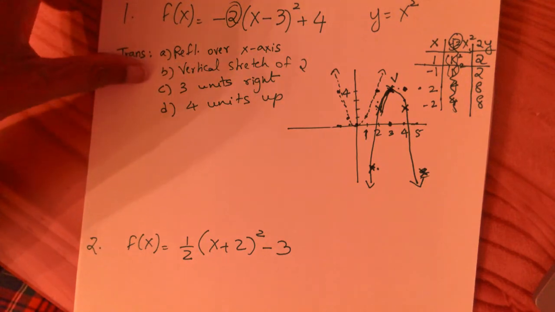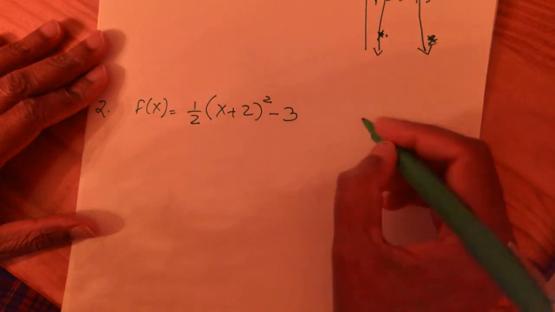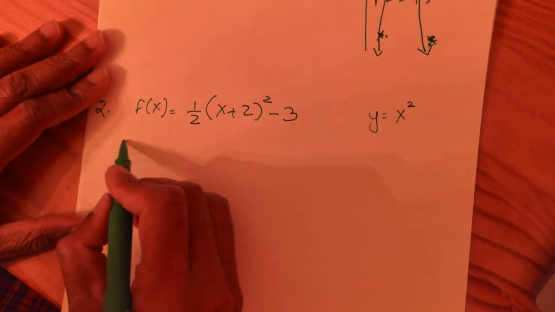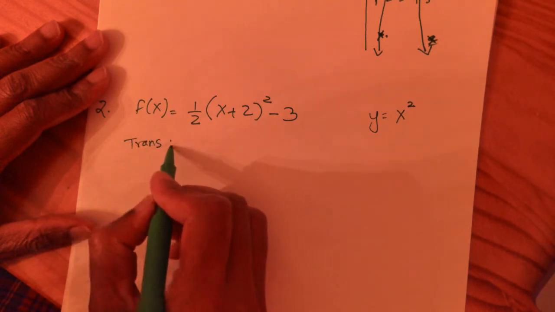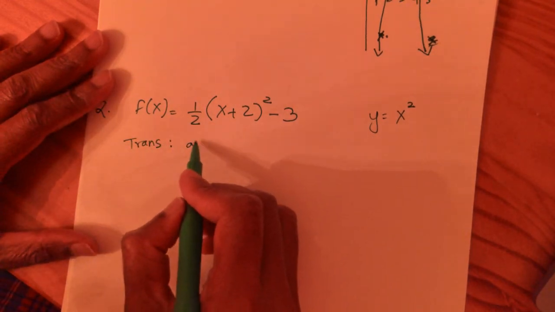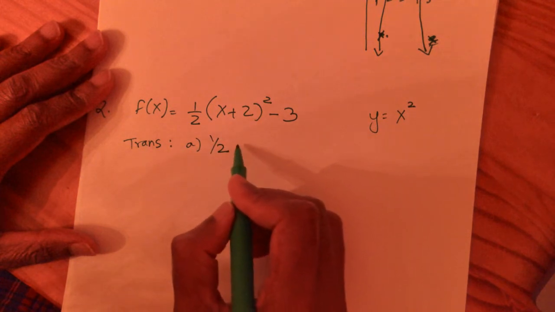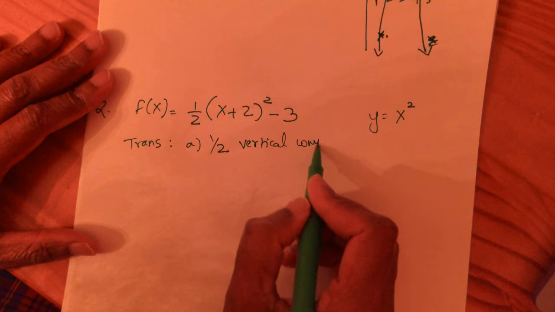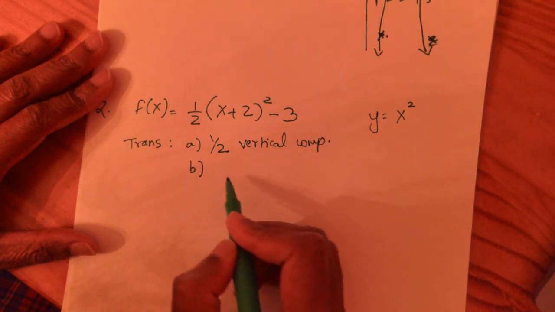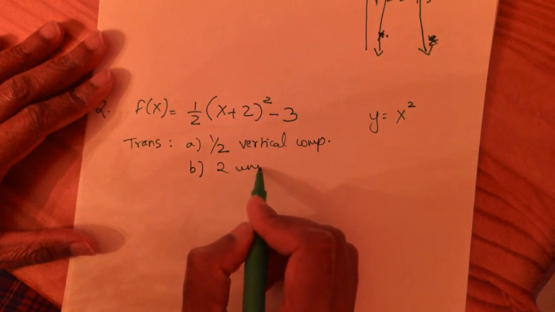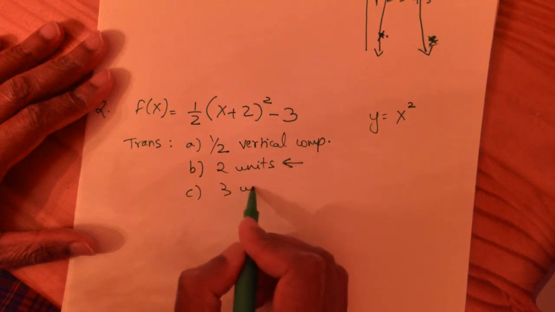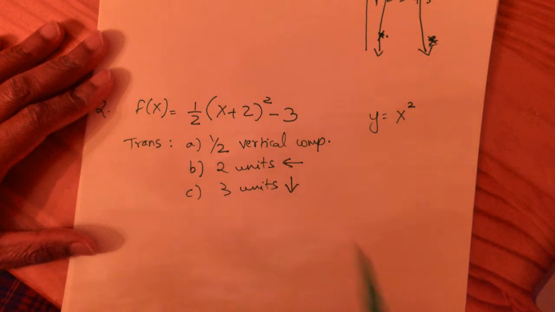Okay, let's do one more and see how we do with it. Same thing. This is going to be a vertical compression. So my parent is, I'm still working with the quadratic. Let's see what the transformations are. There's no reflection. There's a half vertical compression, and then 2 units to the left because +2, and 3 units down.